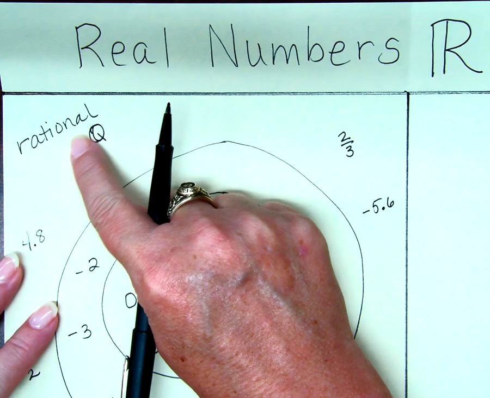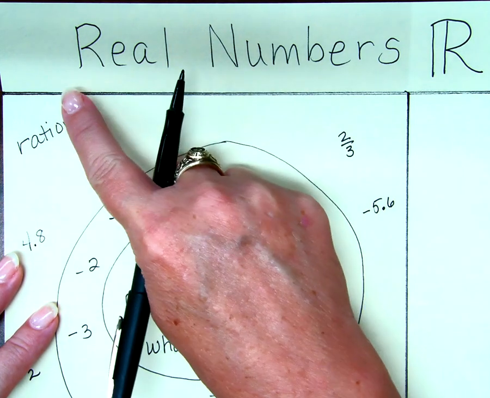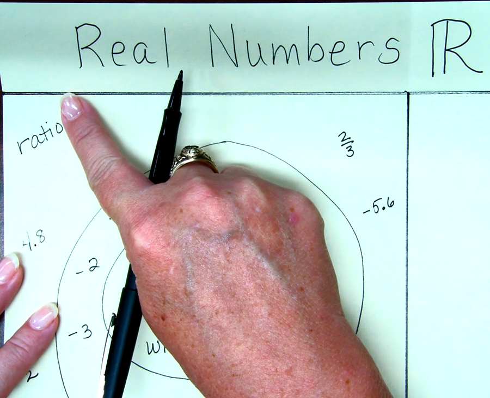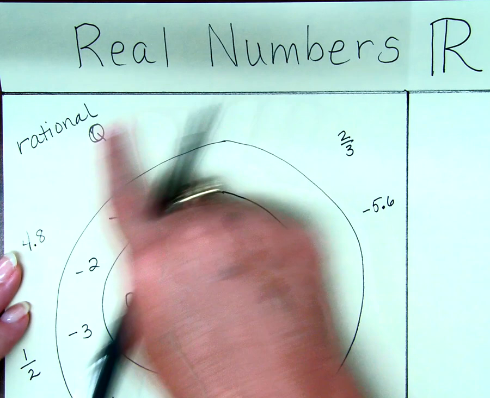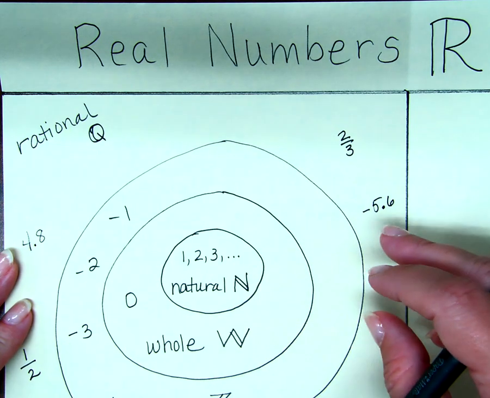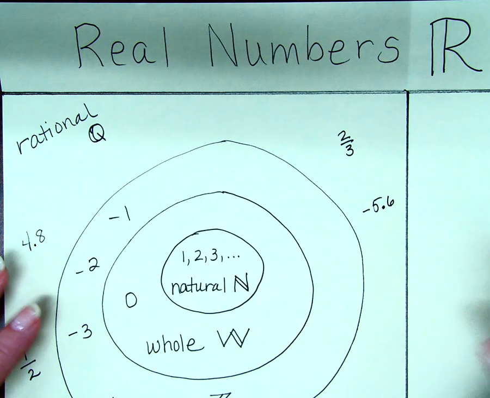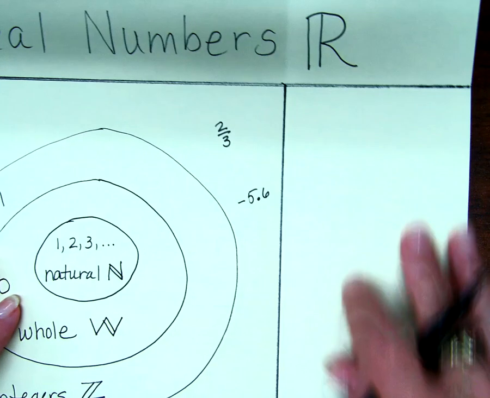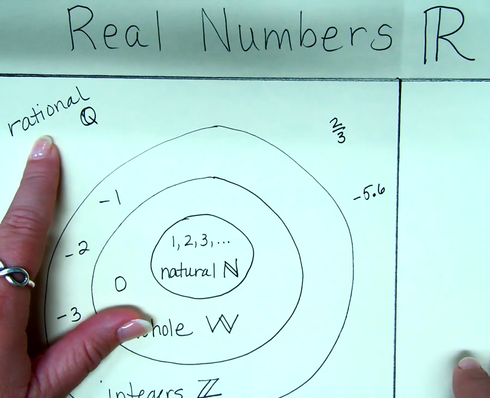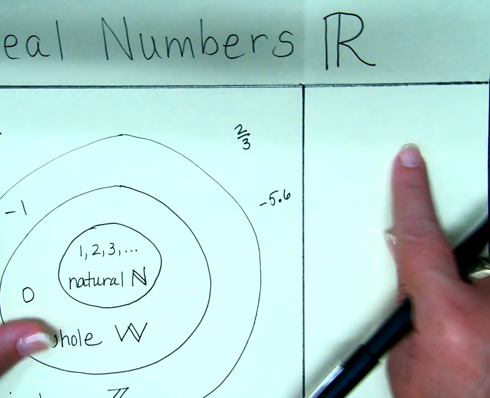Guys, what is a rational number? What does that actually mean? What is a ratio? A fraction, right? So basically, a rational number is a number that can be written as a fraction. Yes? So then what do you think this box is over here? If this is rational, irrational.